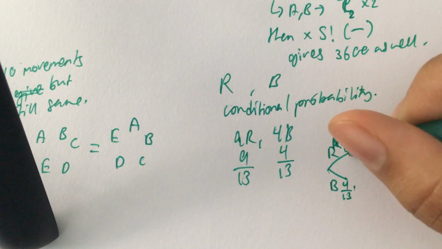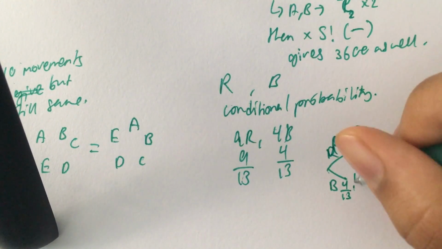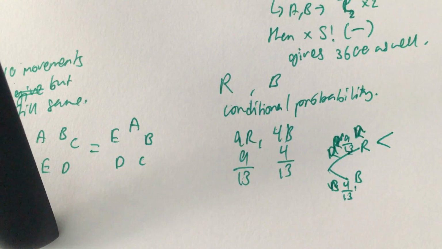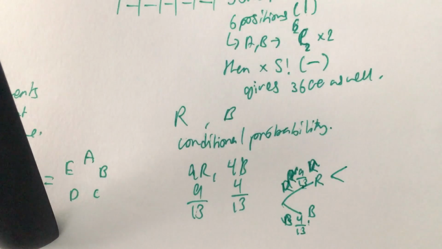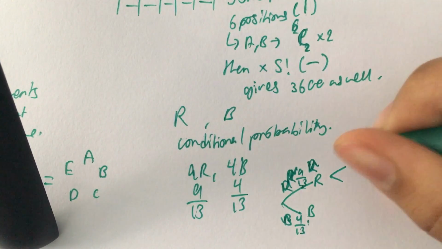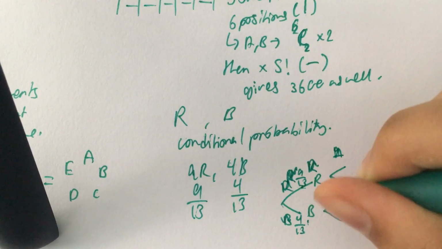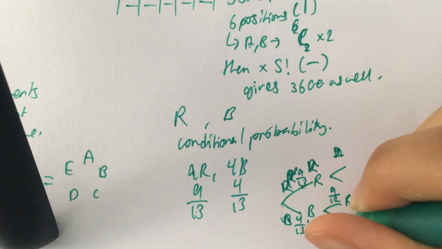So mutually exclusive is events that don't really do stuff to each other. They happen separately.